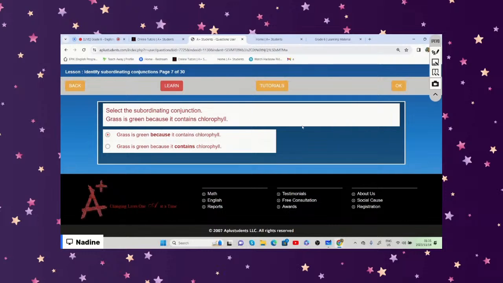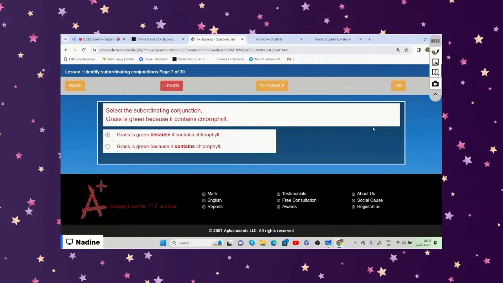So now we're going on to our next clause. Grass is green because it contains chlorophyll.